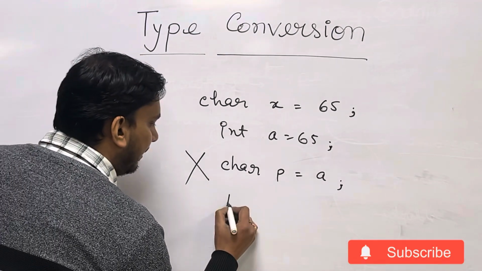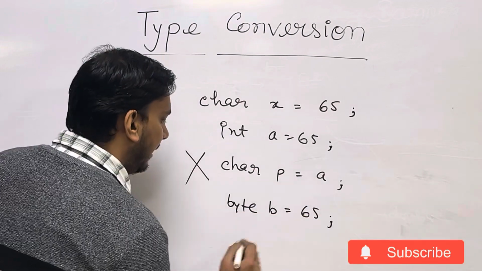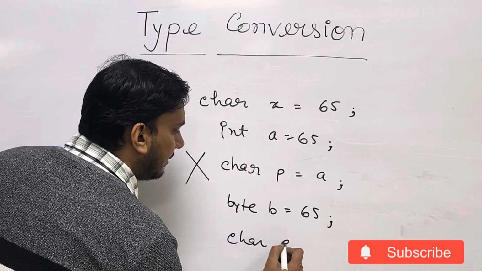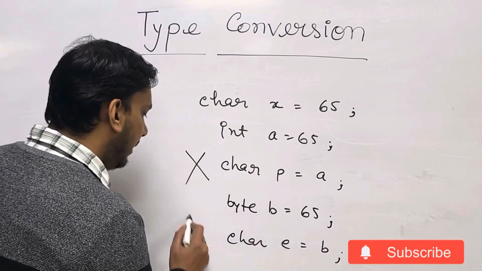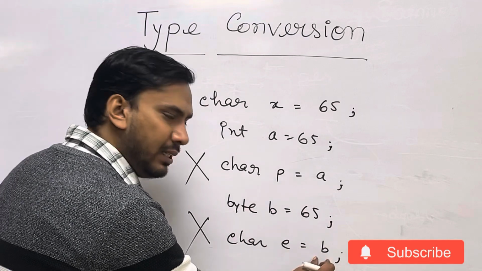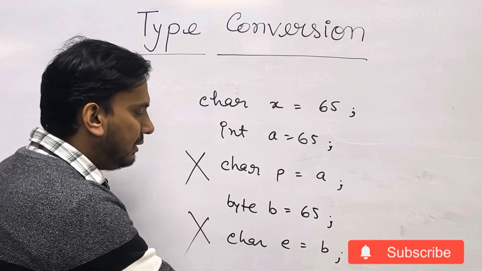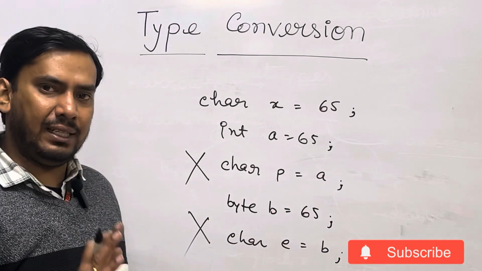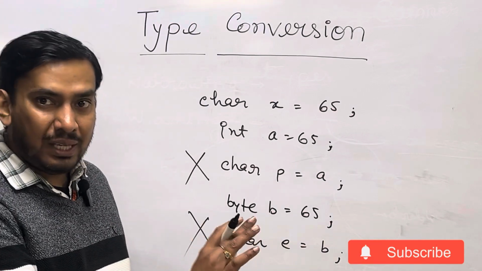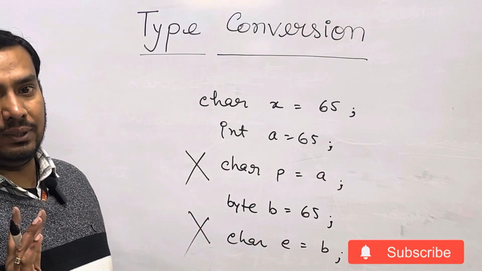Let us say I have written like this, byte b is equal to 65 and if I have to write char c is equal to b, this is wrong. Although byte size is smaller and smaller to higher should be allowed, but this is not allowed for char. Char is saying okay, I am compatible with all of you, but it will not be widening, it will be narrowing.